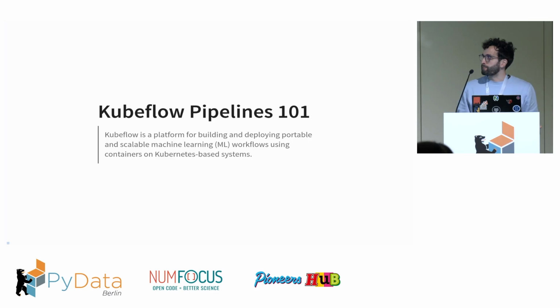It's designed with Kubernetes in mind as the engine where it runs. And pipelines is the sub-project devoted to stitching together workflows, ETL kind of things, but also machine learning training, machine learning serving, and all sorts of things.